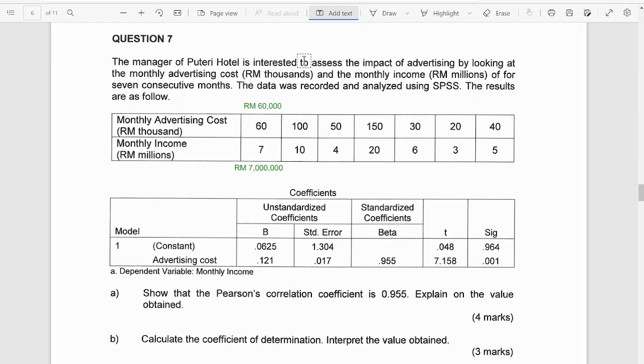Similarly for the dependent variable, some people use the term endogenous variable, some use response variable, and some use the term outcome variable. So there are many terms that can be used to identify independent or dependent variables.